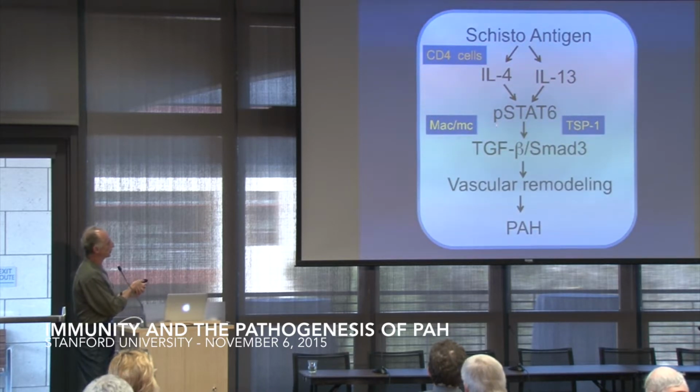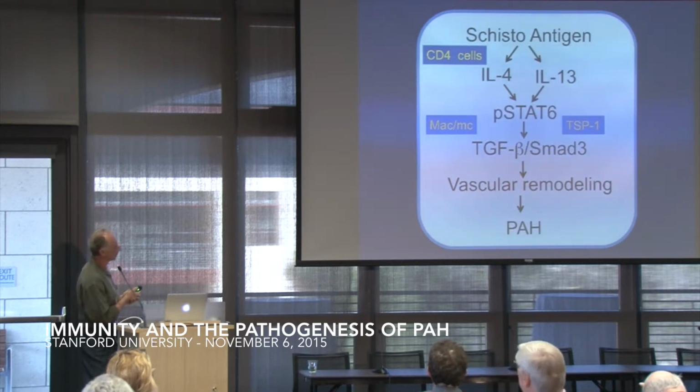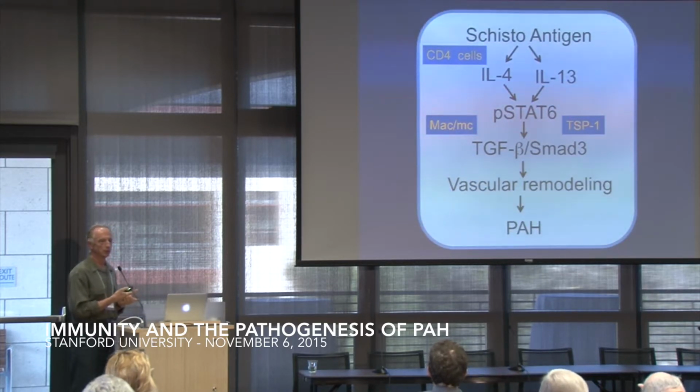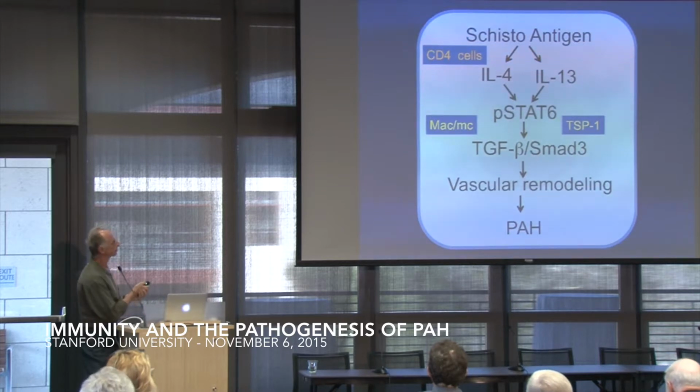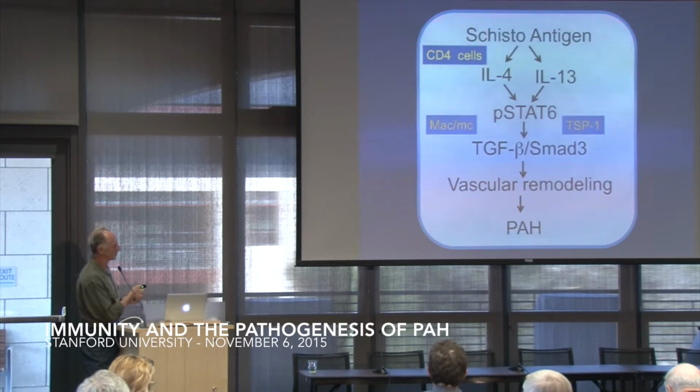Here is absolutely a critical cell in our model system. The macrophage or monocyte, which we are starting to phenotype and now have a handle on, is critically important to activate TGF-beta, which is essential for the remodeling. And this is done via TSP1, and then this causes the disease.